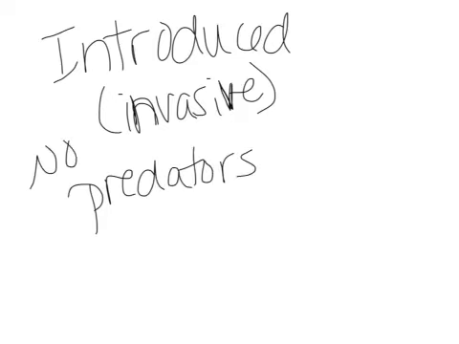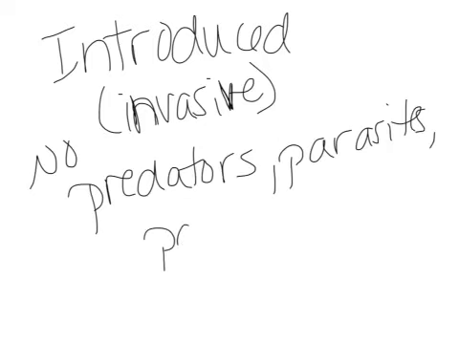So these introduced species, these non-native exotic species, they have no predators because they're not natural to the habitat. So they have no predators. As a general rule, the parasites and occasionally the pathogens that are there as well do not affect them.